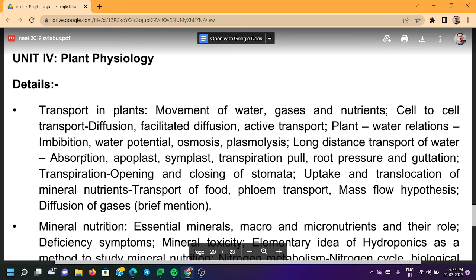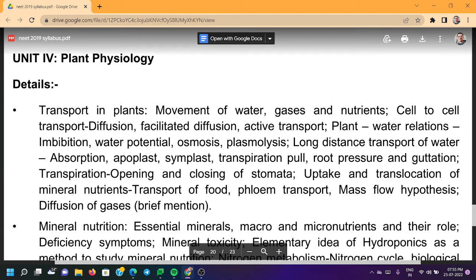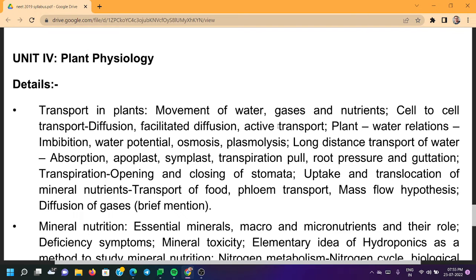Class 11 Biology Unit 4, Plant Physiology. Transport in plants: movement of water, gases and nutrients, cell to cell transport, diffusion, facilitated diffusion, active transport, plant water relations, imbibition, water potential, osmosis, plasmolysis, long distance transport of water, absorption, apoplast, symplast, transpiration pull, root pressure, and guttation.